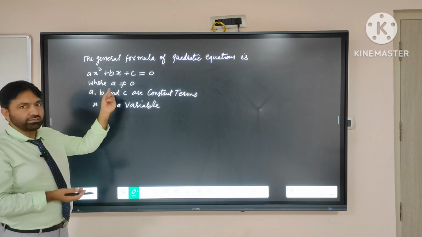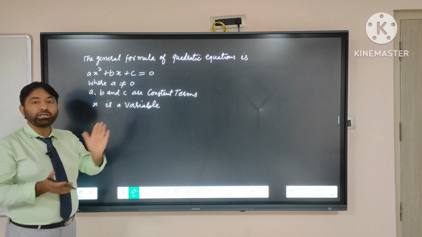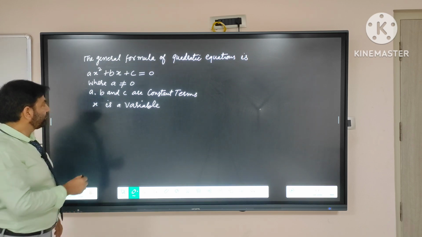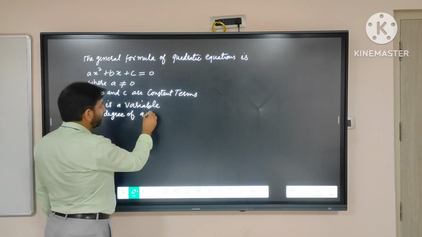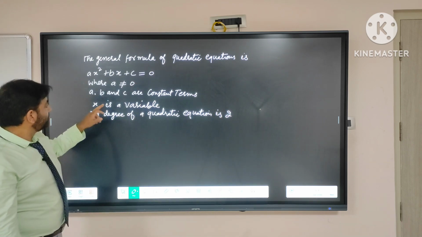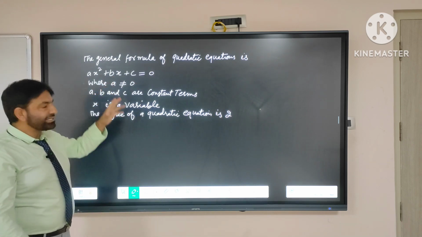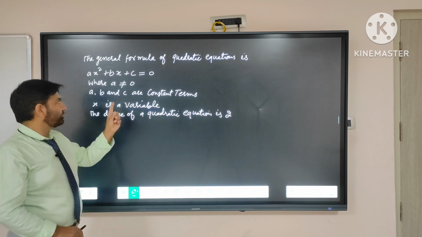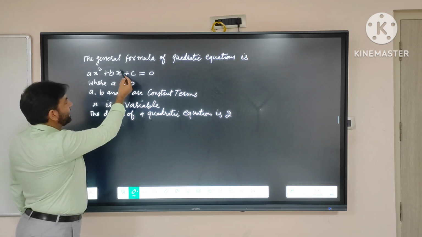Here is a condition that a should be not equal to 0. Why? I will tell you. The degree of a quadratic equation is 2. It means that the maximum exponential power of variable x is 2. Here, this is the x.